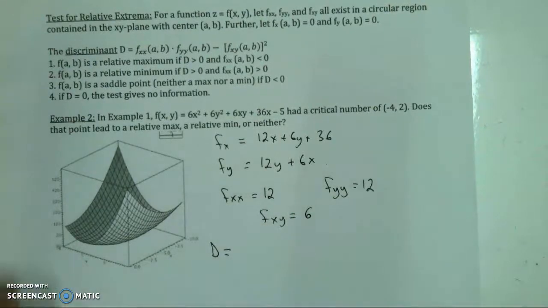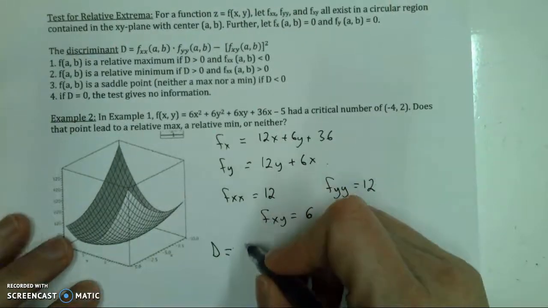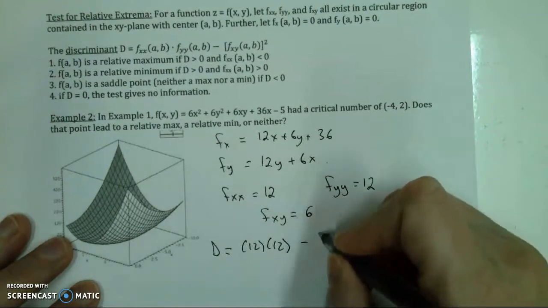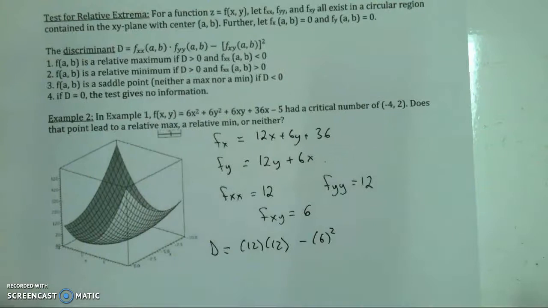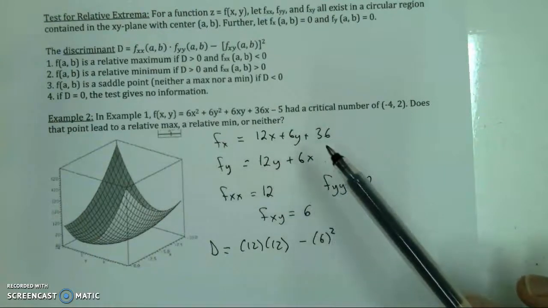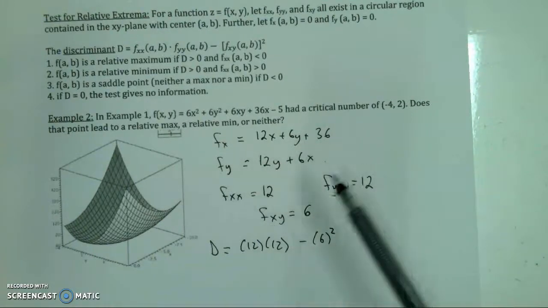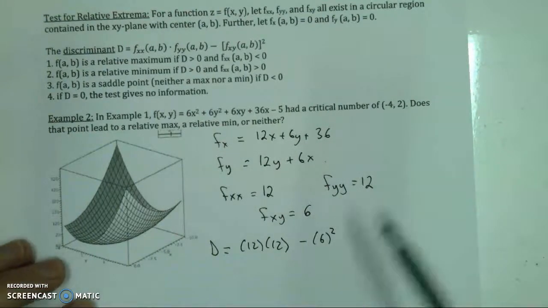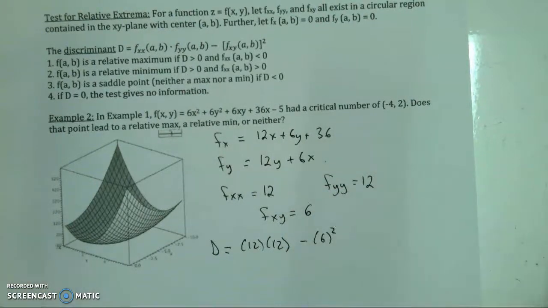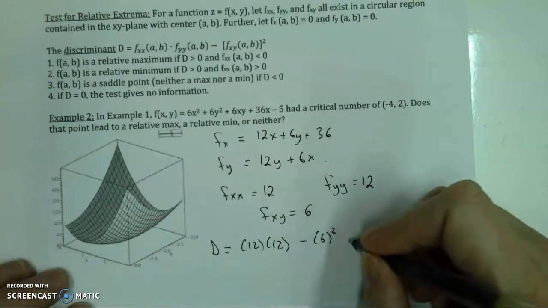All right, so let's go ahead and find the discriminant. We're going to take fxx times fyy minus fxy quantity squared. Now in our class, we will generally get linears for our first order partials, which means my second order partials will be constants, so I'm not going to have to worry about plugging that number in, because obviously it's not going to change.